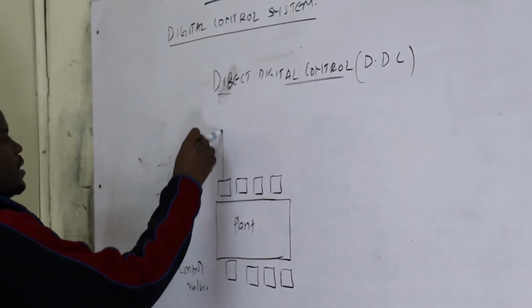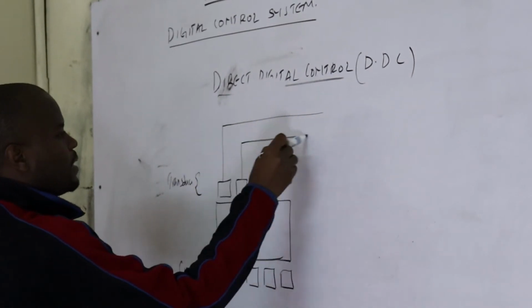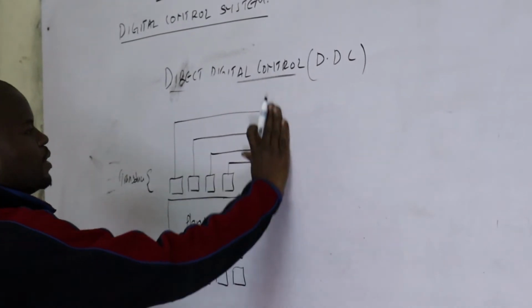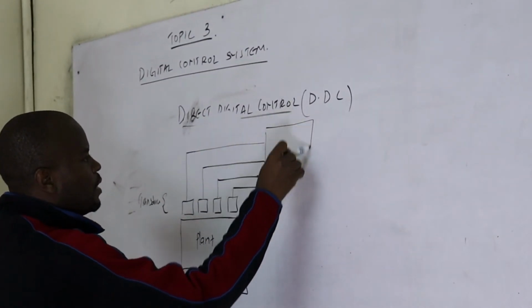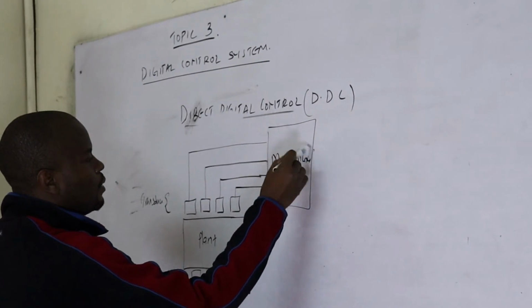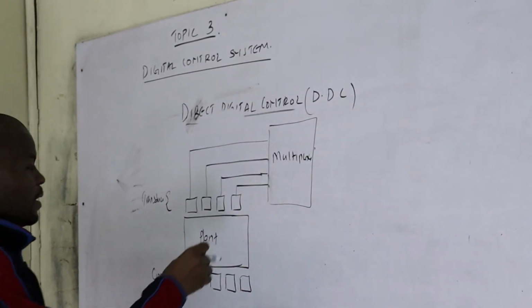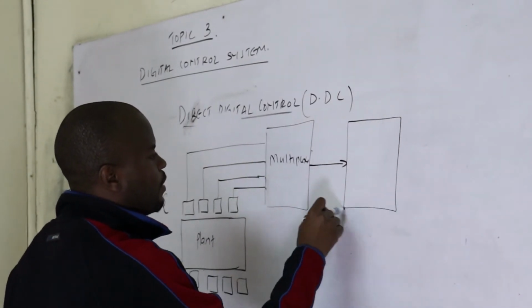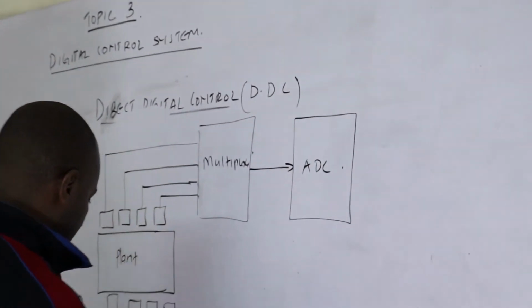So the transducers here are supposed to go to the multiplexer, which is a rotating switch that is going to ensure that they are sampled. So here we have the multiplexer. Then from there, everything that is there should be converted. We have ADC there.